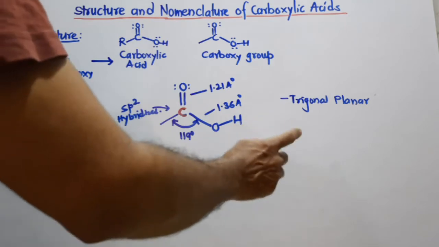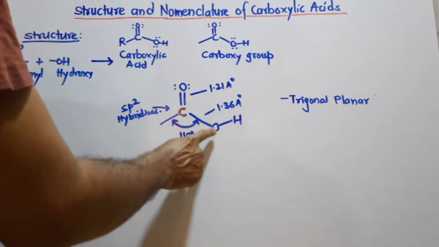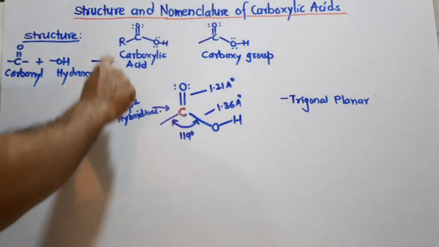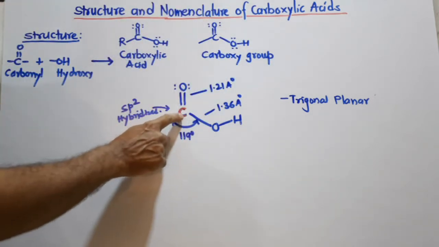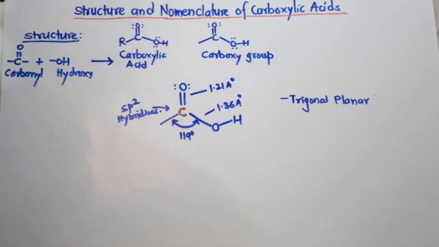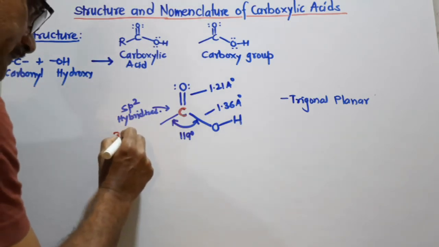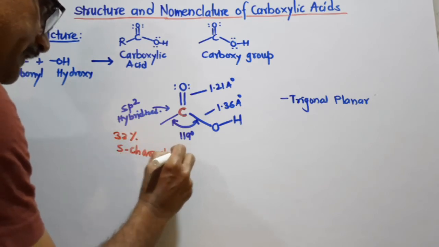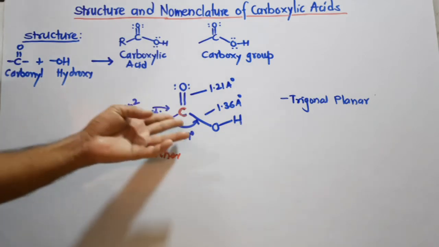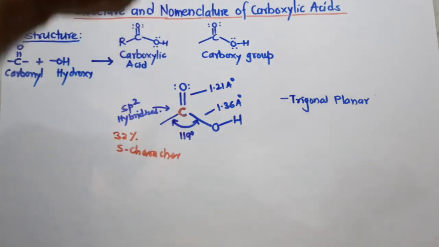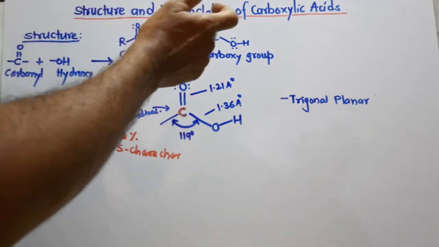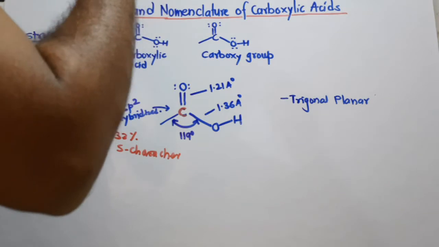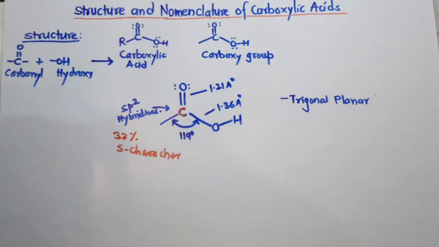The reason is that in alcohol, the carbon where the OH group is attached is sp3 hybridized, and here in carboxylic acid, this carbon is sp2 hybridized. If it is sp2 hybridized, it has 33% s character. 33% s character means more s character as compared to alcohol, where the OH group is attached to an sp3 hybridized carbon, that means 25% s character.